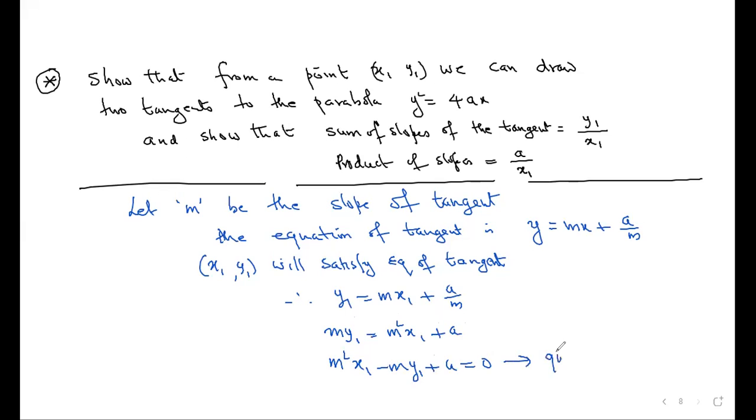Which is quadratic in m. Hence, m has two values. Because m has two values, there are two tangents.